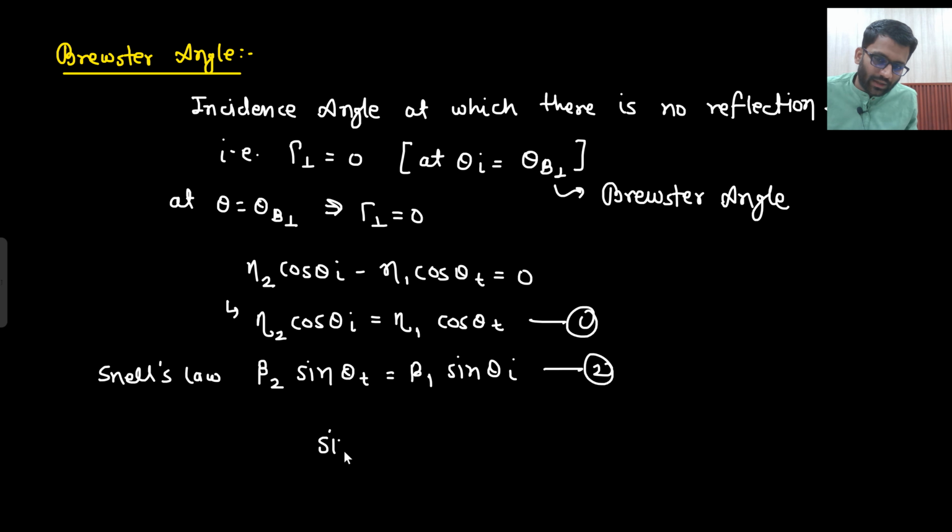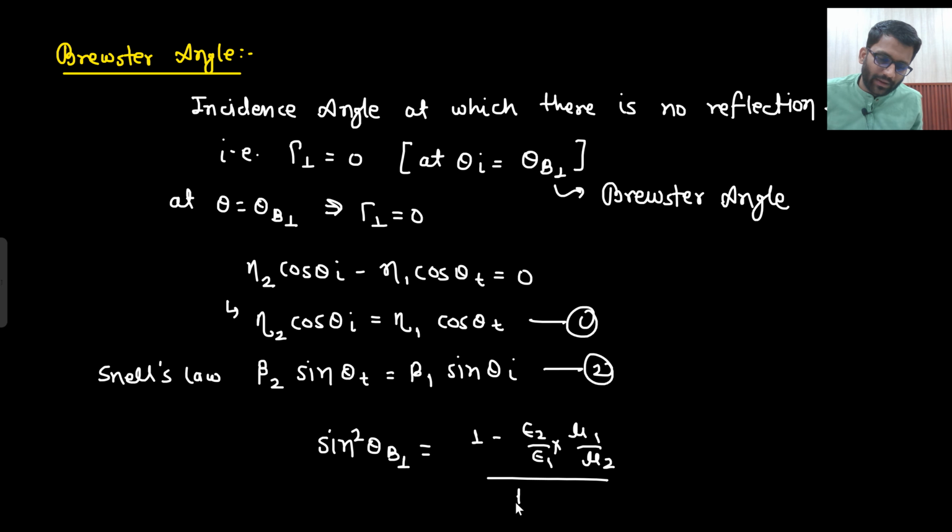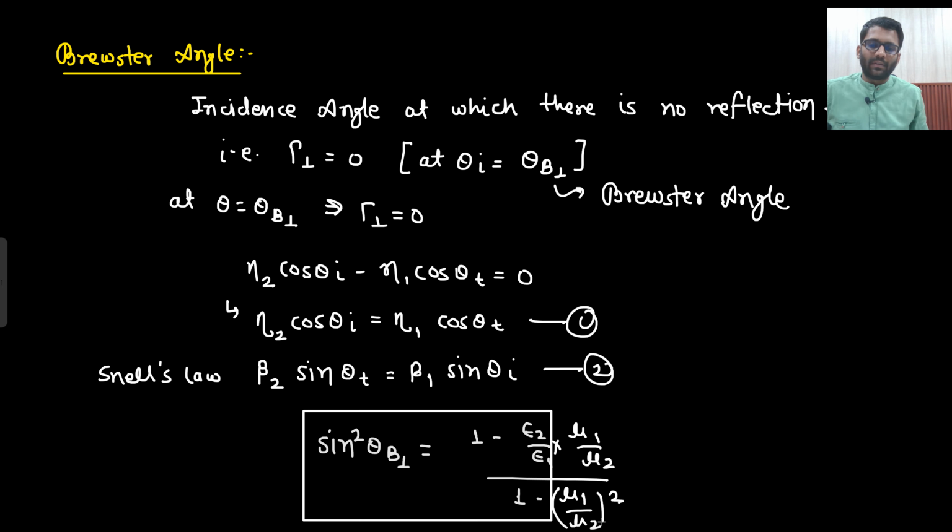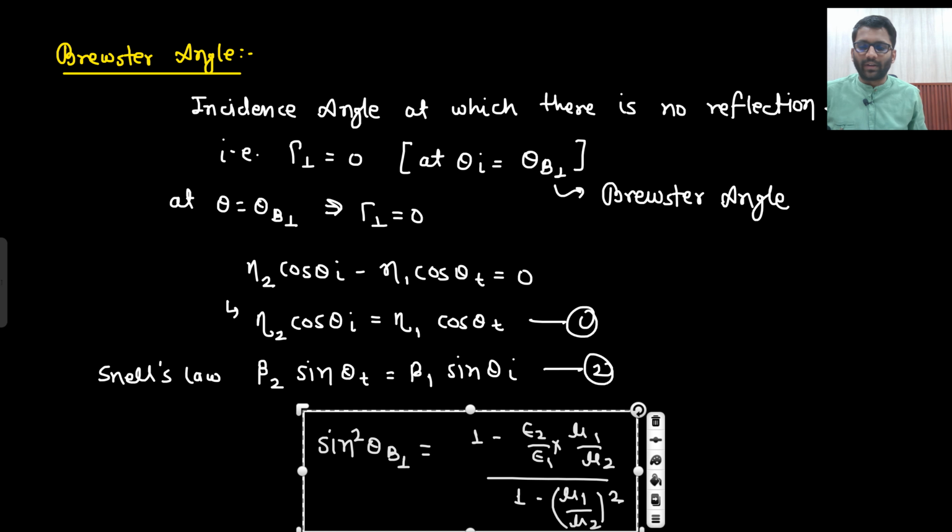So sine square theta b perpendicular is equal to 1 minus epsilon 2 by epsilon 1 into mu 1 by mu 2, divided by 1 minus mu 1 by mu 2 whole square. Okay, so this is the result you will be getting. A very important result, I hope you will keep in mind. How do I remember it? That I will tell later on when we write down the conclusion.